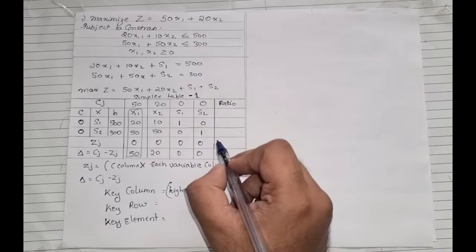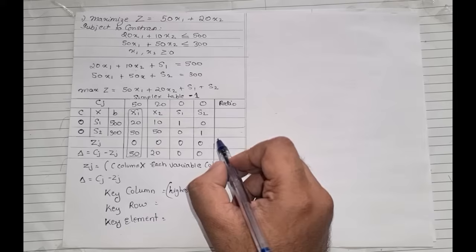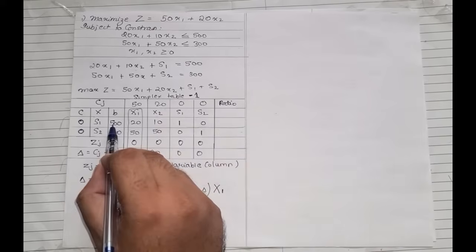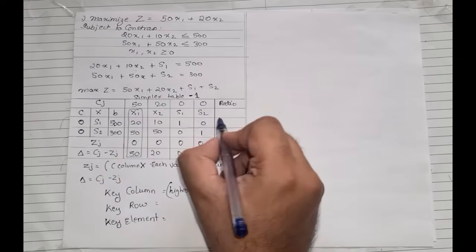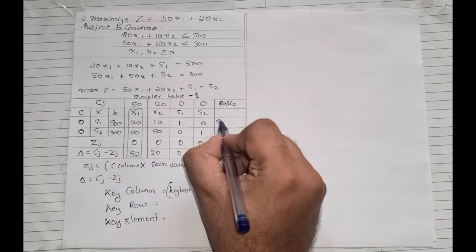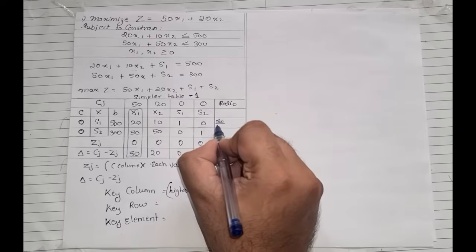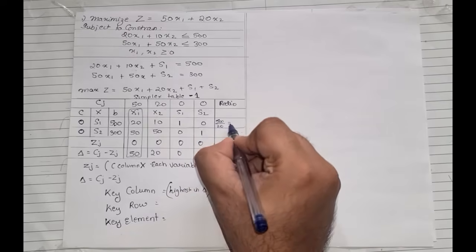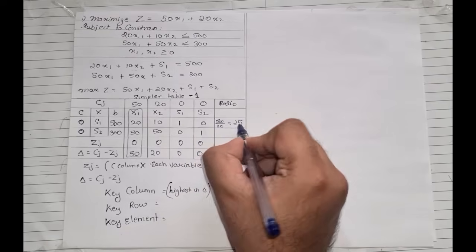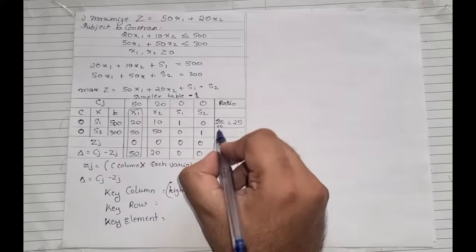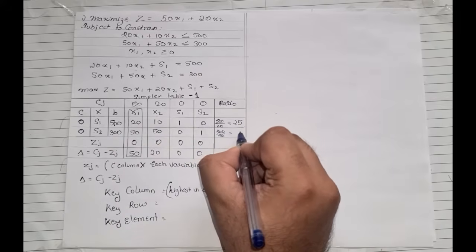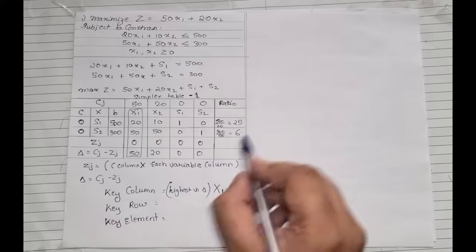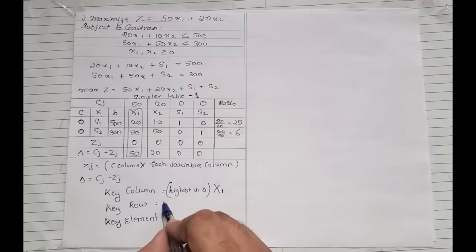The rule for the ratio is, its formula is basically b divided by the key column. So in our case it will be 500 divided by 20, which comes to 25, and 300 divided by 50, which comes to 6.